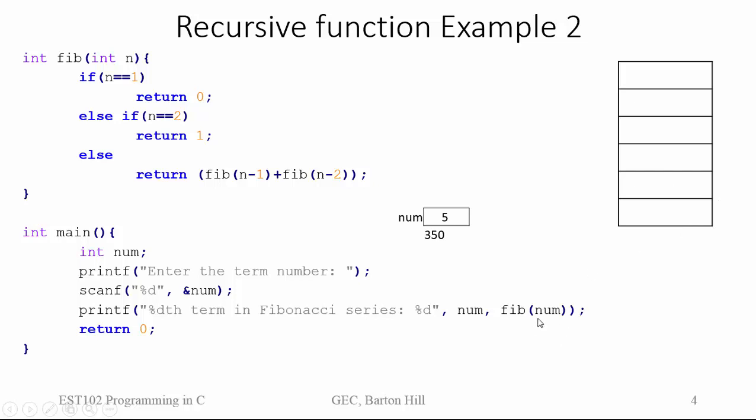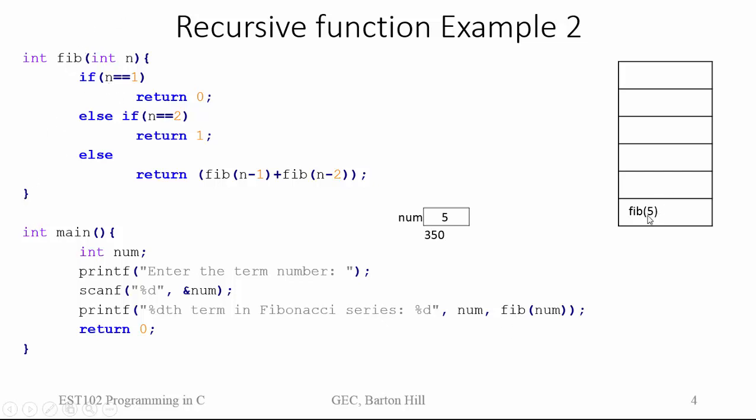Then this function is called, when control comes here, so we will be calling fib of 5. Okay, so this is not the actual representation, for the sake of simplicity I am just representing it as fib of 5, since it is the place where the control should come back from the called function to the calling function when this function terminates.